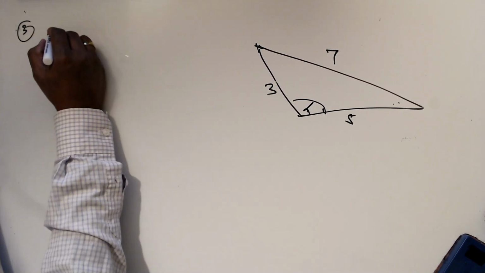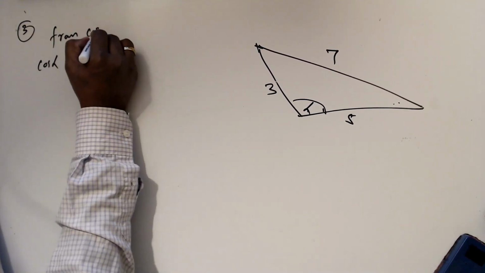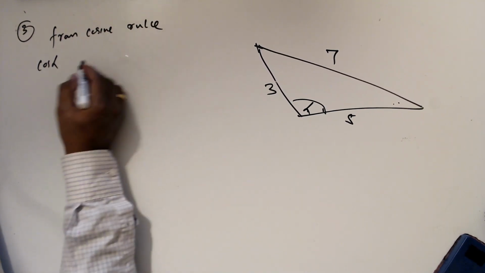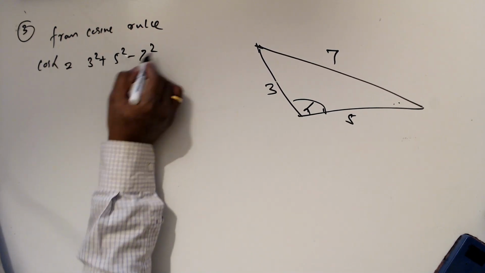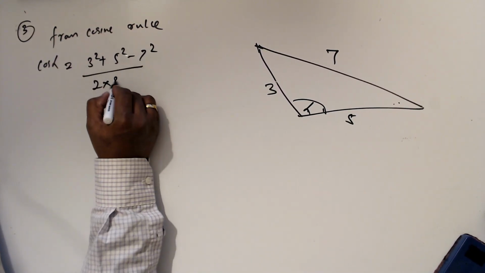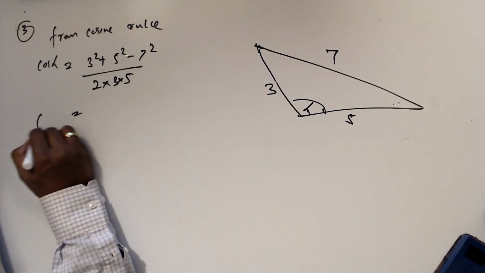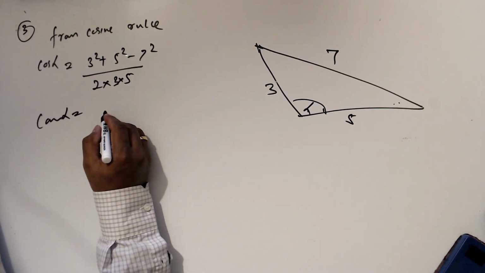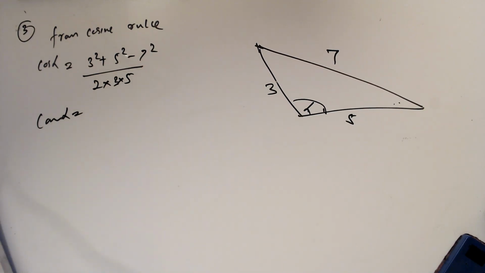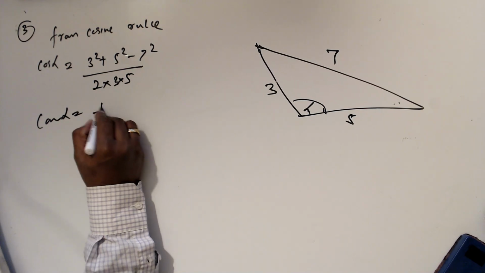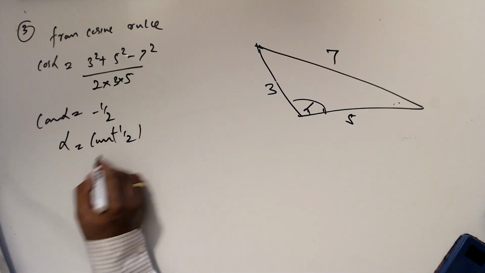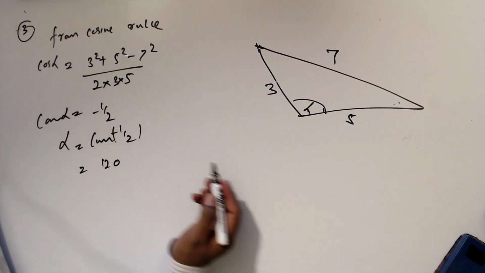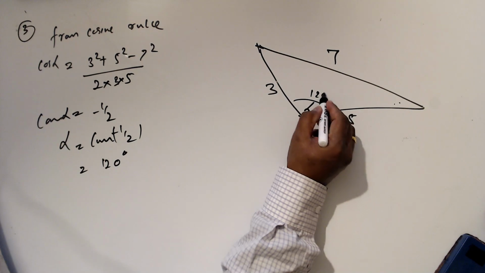Cos alpha equals, from the cosine rule, 3 squared plus 5 squared minus 7 squared divided by 2 times 3 and 5. From the calculator, the answer is going to be minus half. Alpha equals cos inverse of minus half, which is 120. So this is 120.